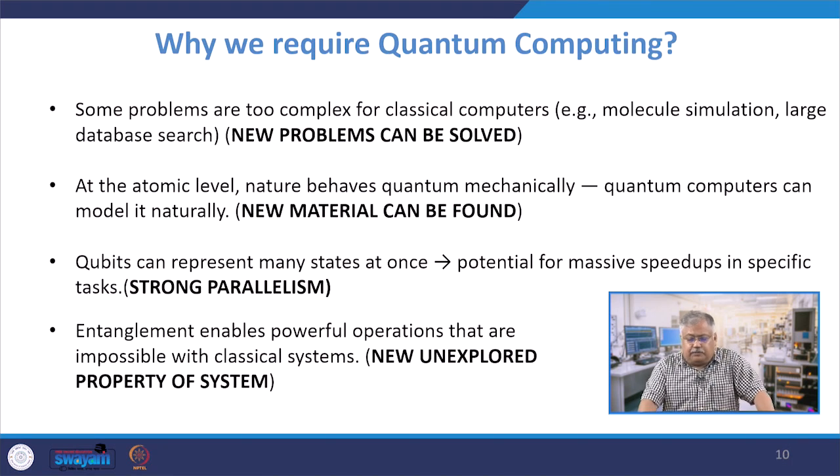And therefore let us come to why we require quantum computing. Well, obviously new problems can be solved, right. That is the major one. If you have seen many reports where quantum computing is actually being used to solve a big problem within, let us suppose, a few hours, which was possibly taking years for classical computers to solve, right.